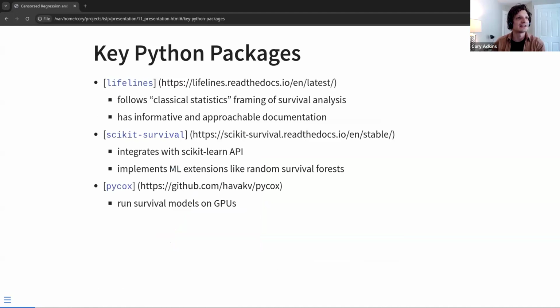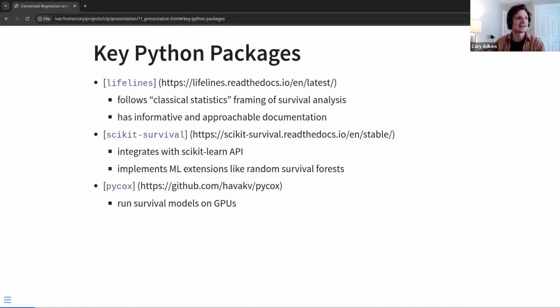I wanted to highlight the Python packages just because this is a Python book. The key Python packages for survival analysis, these are supposed to be hyperlinks, so I must have messed up my Quarto, but I'll go back and fix that.